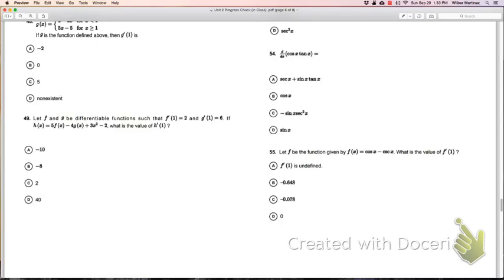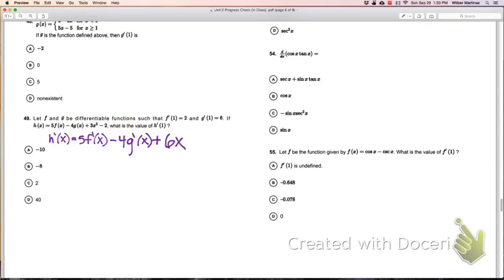So h prime of x is 5 times f prime minus 4 times g prime plus the derivative of 3x squared is 6x, and the derivative of negative 2 is 0.